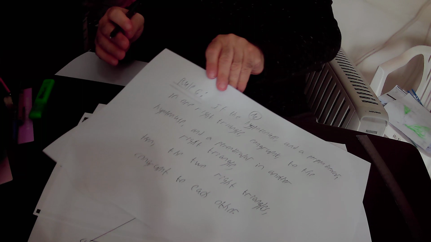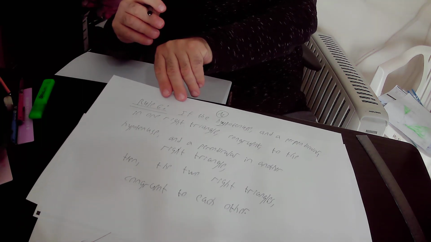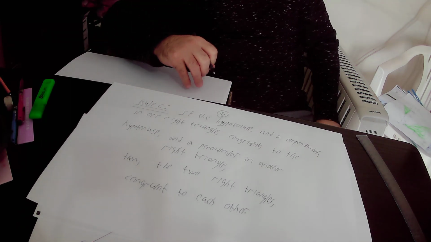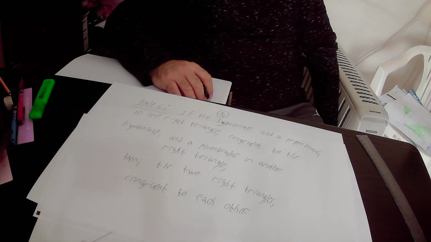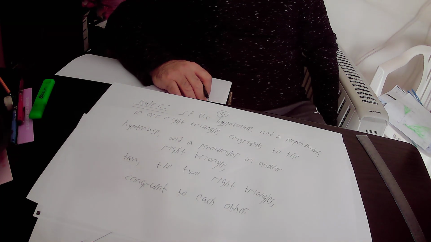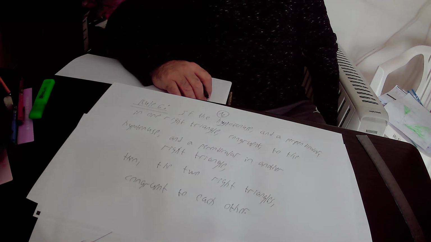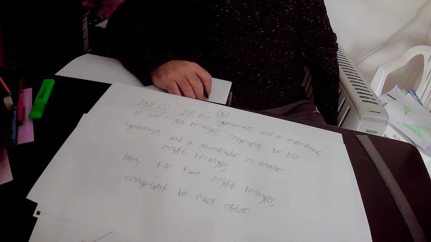I will repeat again on rule number 6. According to rule number 6, if the hypotenuse and a perpendicular in one right triangle are congruent to the hypotenuse and a perpendicular in another right triangle, then the two right triangles are congruent to each other.